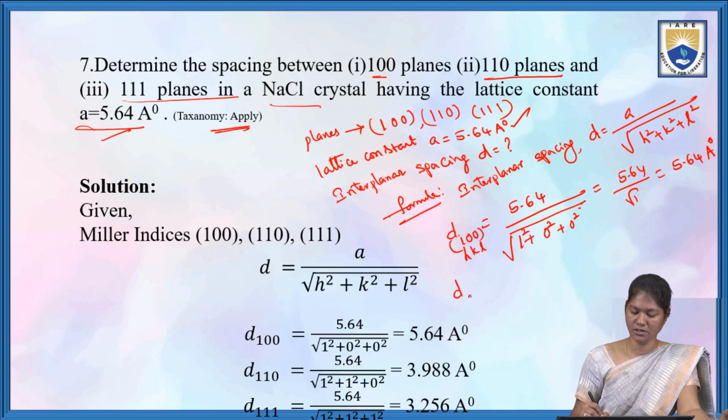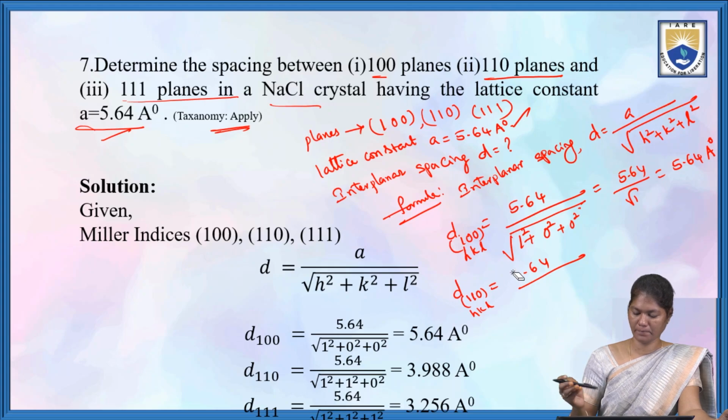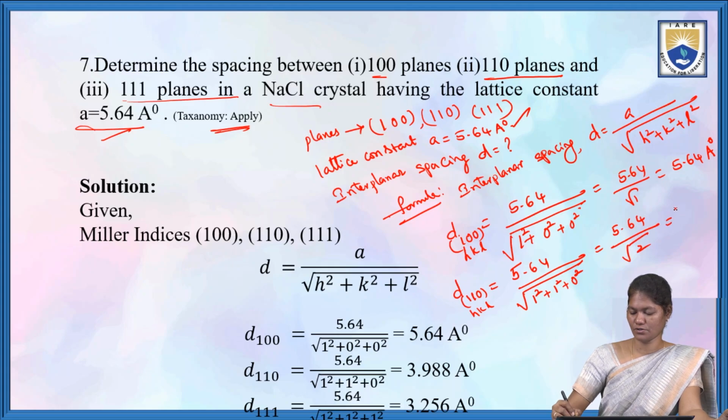Next, the 110 plane. 5.64 divided by root of 1 square plus 1 square plus 0 square, which is root 2, so it equals 3.988 angstroms.